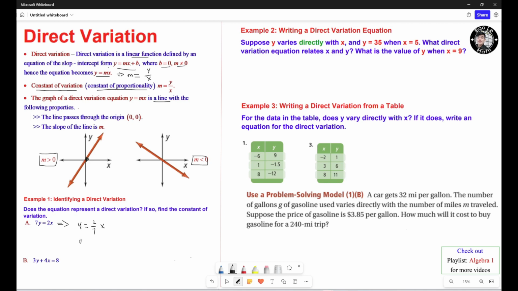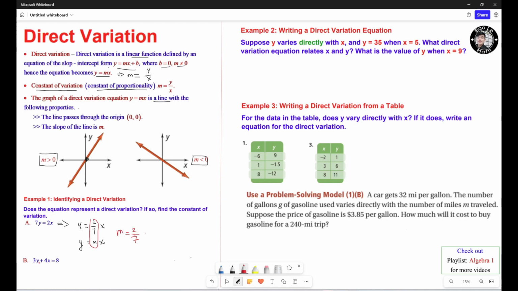Now we just equate with y equals mx and match them up. m equals 2 over 7. And this is called the constant of proportionality or constant of variation.